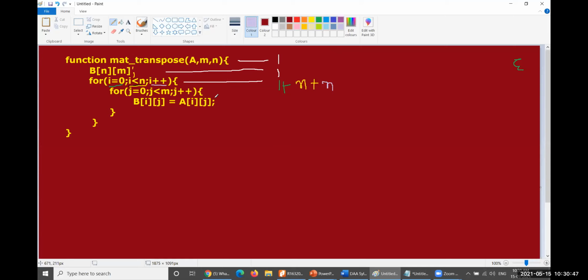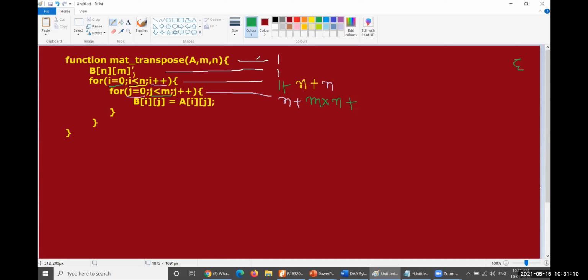Then coming to this particular area, j equal to 0 will be executed for n times plus. Then j less than m can be executed for m into n times plus.